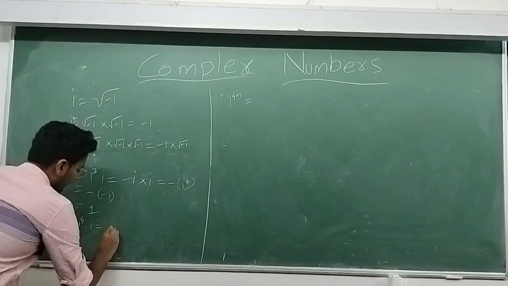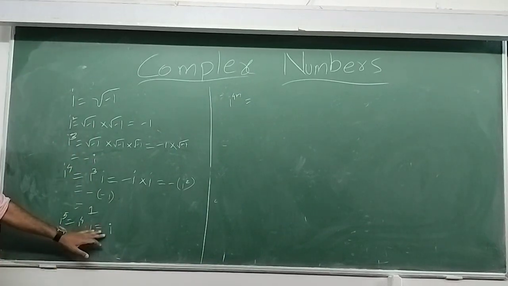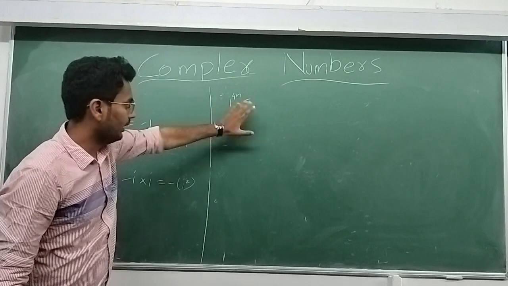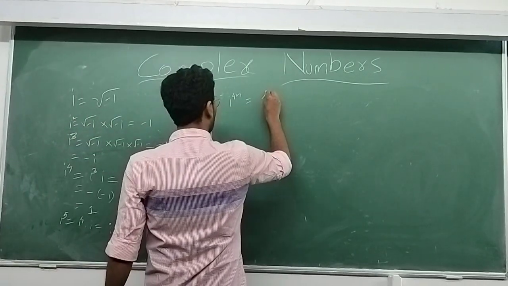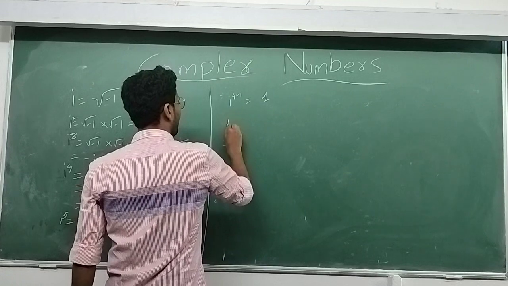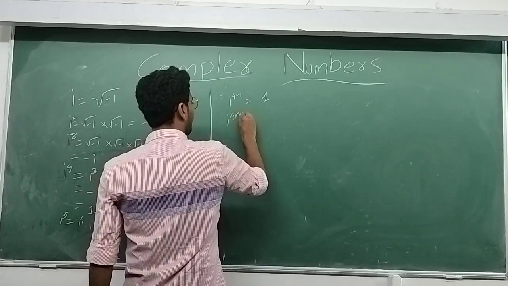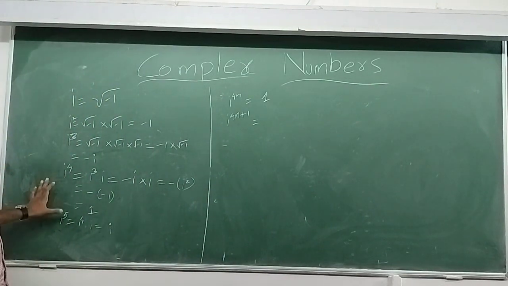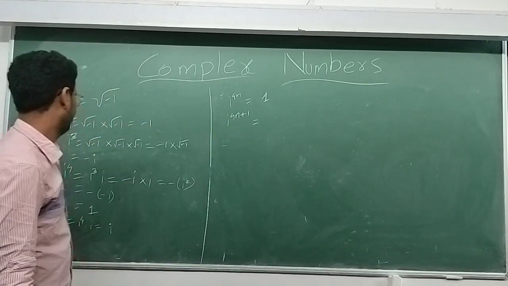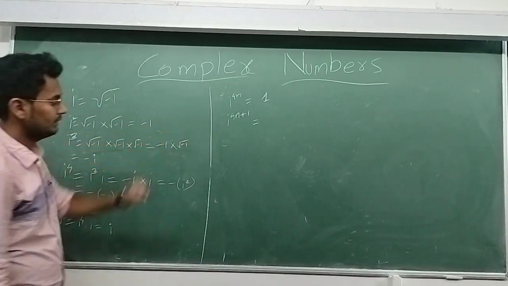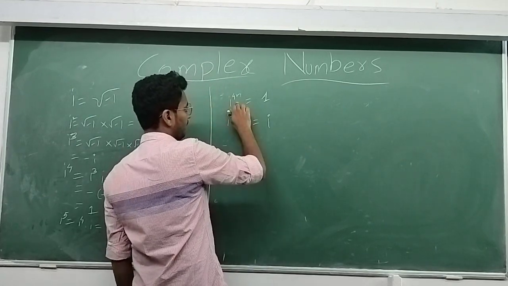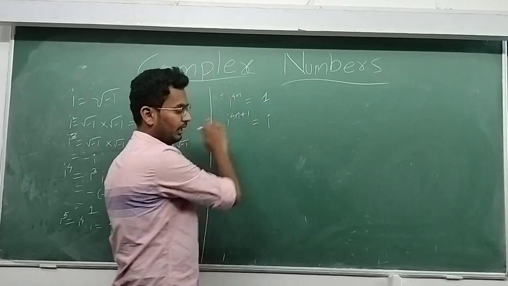Therefore, in general, we can write i raised to 4n is equal to 1, and i raised to 4n plus 1 can be written as i, right? Because i raised to 4n is equal to 1, remaining i.